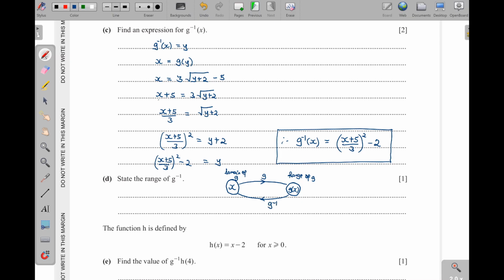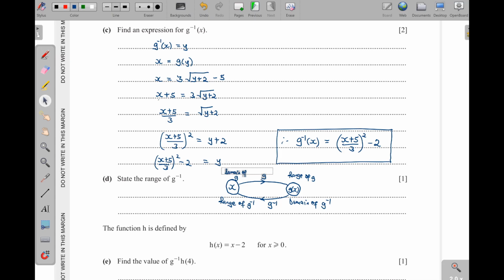But you know that what we put in the function is the domain, so the values here are in the domain of g. Then what we get out is the range. Now also here, since we are putting values in this g inverse, that means this set of values here is now the domain of the g inverse, and this becomes the range. You see that? So meaning this one here is going to be the domain of g inverse, and this one here is going to be the range of g inverse.